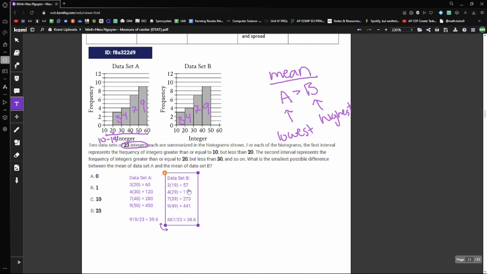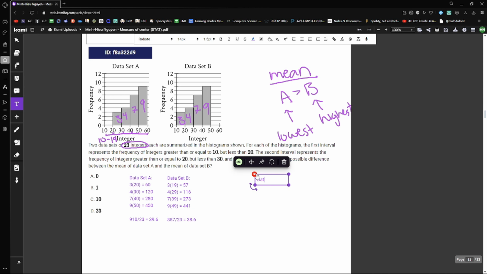Let's say I had chosen a smaller number for dataset B, say 10. Then 3 times 10 would be 30, and as you can see, 30 is smaller than 57. And then let's say I chose 20 for this next one. 80 is smaller than 116. Which means I would end up getting a mean that is smaller than 38.6.